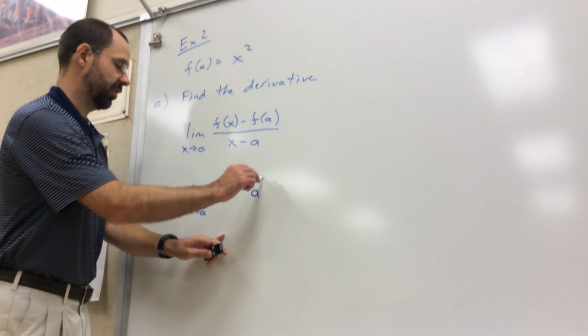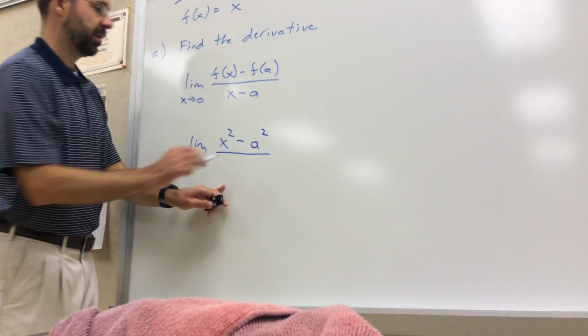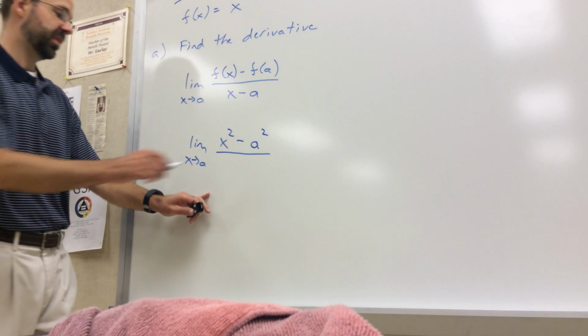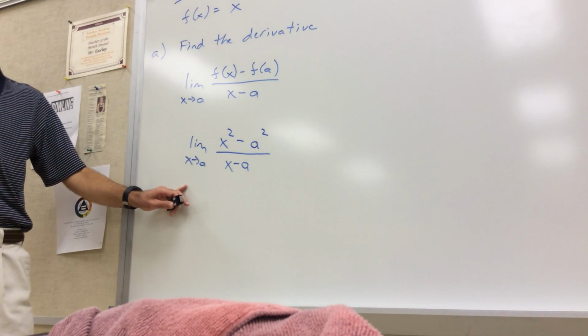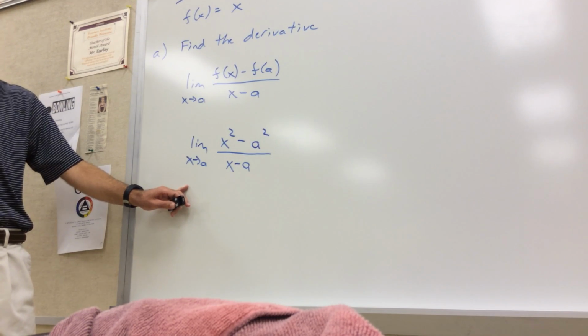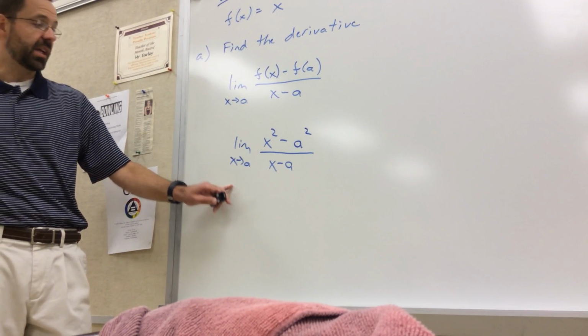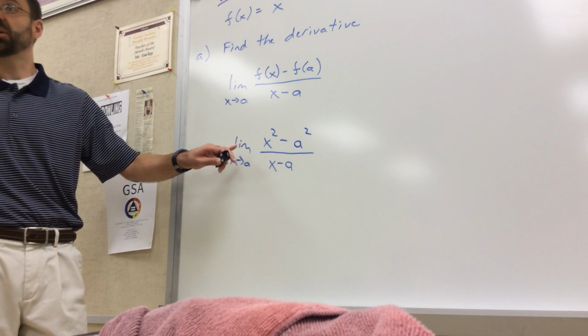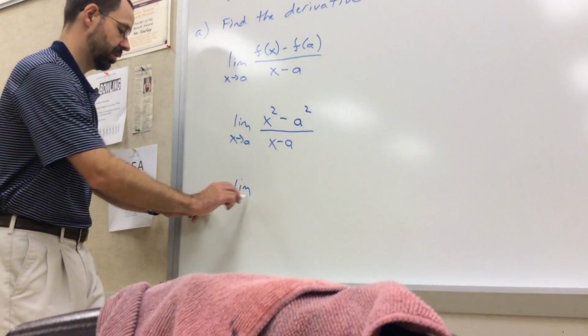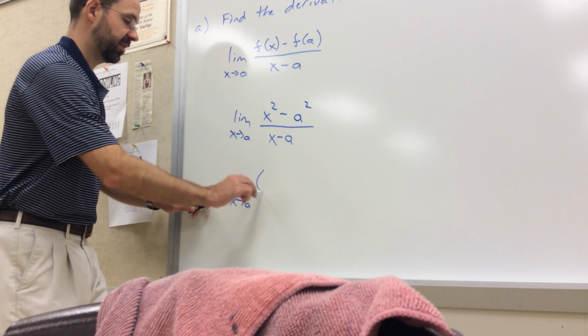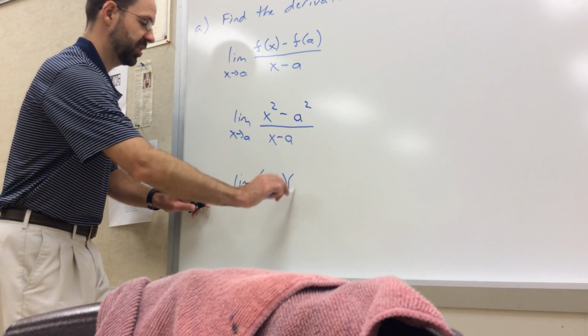So that'll be a squared. And then on the bottom it just says x minus a. Okay, now we're going to factor x squared minus a squared. That's the difference of 2 squares. So that factors into x minus a times x plus a.